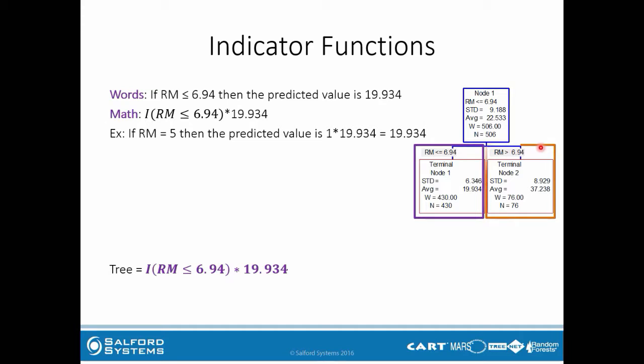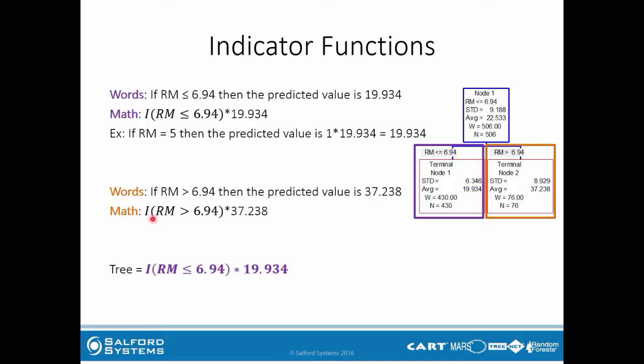And so now we're going to do the same thing for terminal node 2. To describe it in words, if Rm is greater than 6.94, then we have the predicted value as 37.238. So we can see the condition here, and also our predicted value is listed as the average. Now mathematically, we'll express that in a similar manner to how we did for terminal node 1. We're just going to replace the indicator and predicted value.